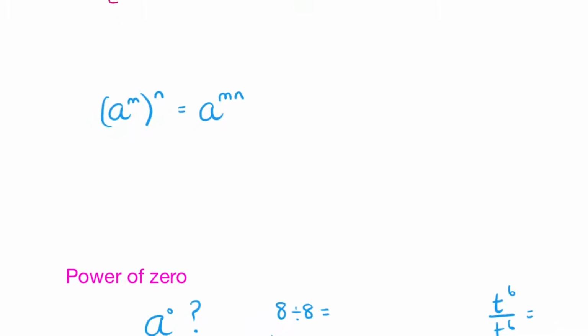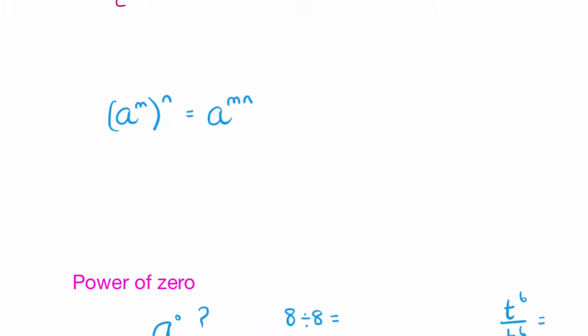Okay, and then the rule that we looked at last was if you've got something to a power and then that's to another power, you multiply the powers together. So if you had a to the power 5 cubed, it's a to the power 5 times 3, so a to the power 15.